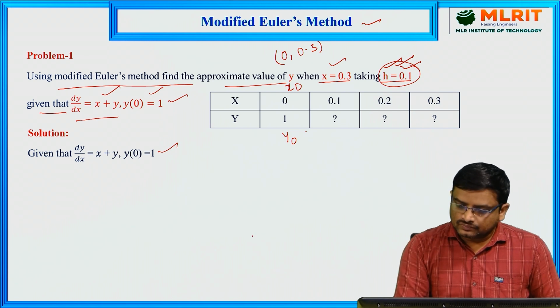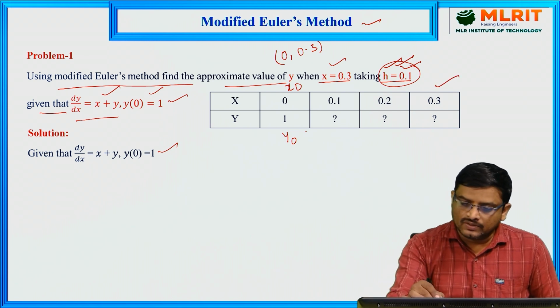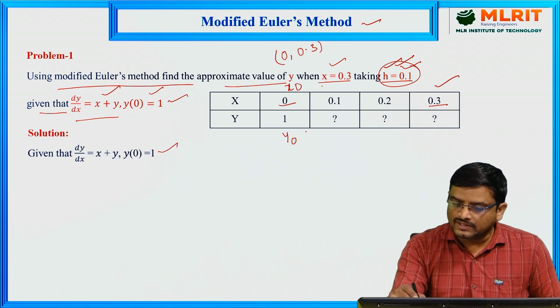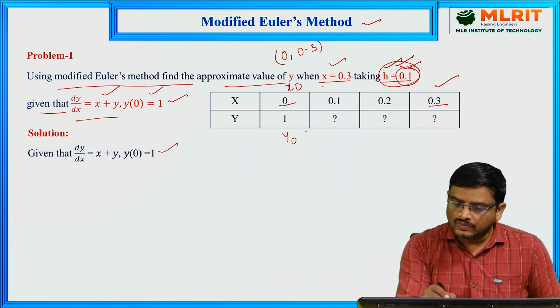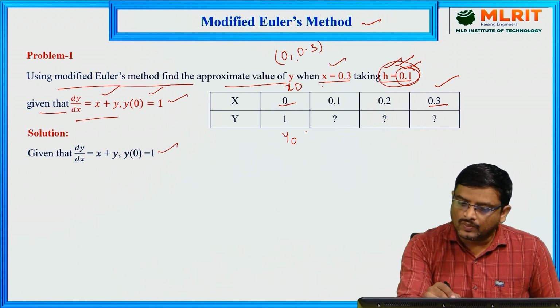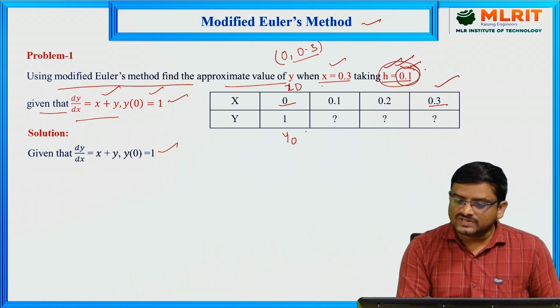In our problem, x is equal to 0.3. The difference between 0 and 0.3 is not equal to 0.1, so because of that reason we are dividing 0 to 0.3 into some subintervals. The length of each subinterval must be equal to 0.1.